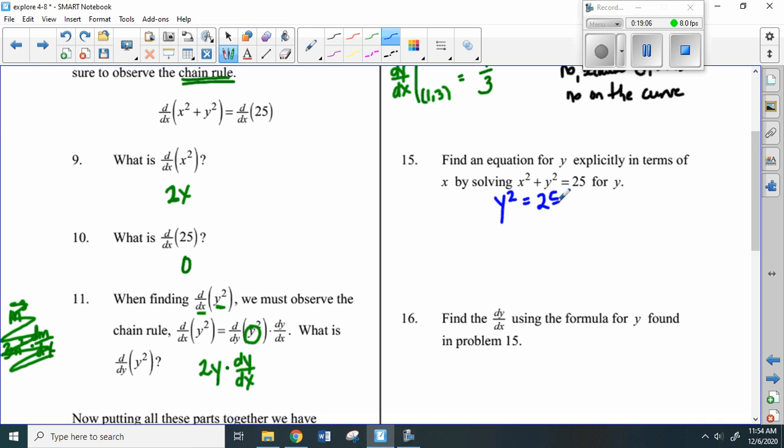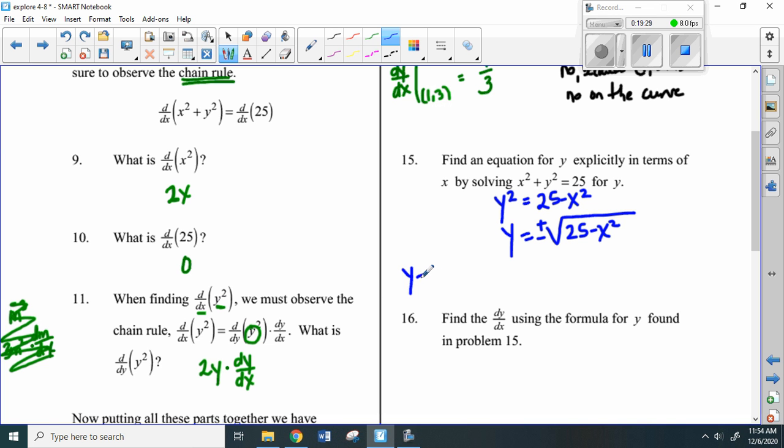So I'm going to subtract x squared, and then I'm going to take the square root. Please keep in mind that you still need a plus and minus. That's the only way you're going to get the top half of the circle and the bottom half of the circle.